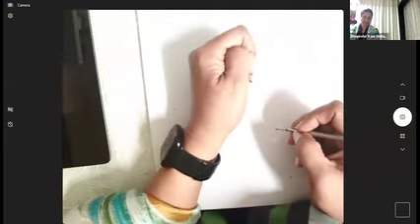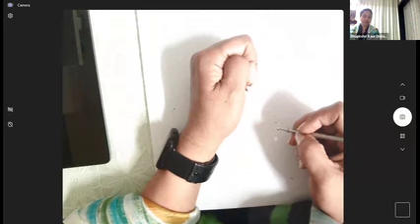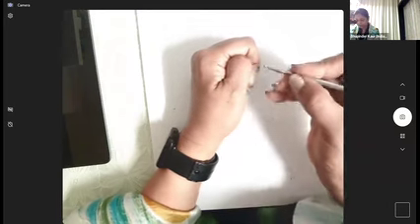Now the second step, with the probe. If you are doing it accurately, then definitely in one sitting you can experience relief.